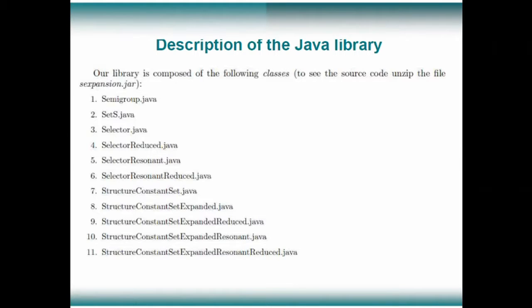Then we had to build a particular set class; we don't use the Java default because it's for a different purpose, so we have to build a new one. Then we have a selector, and then we have a structure class. Then we have some child classes for the different entities.